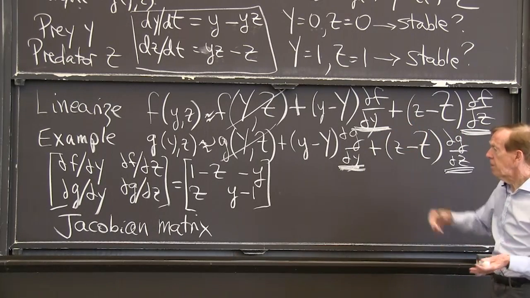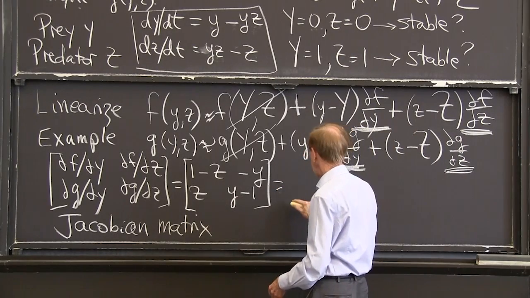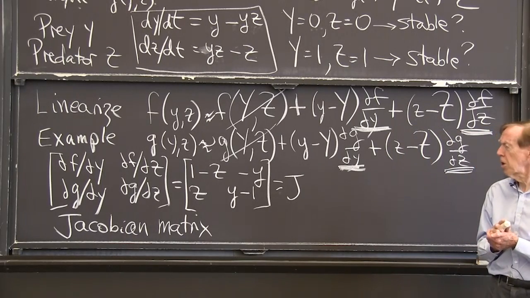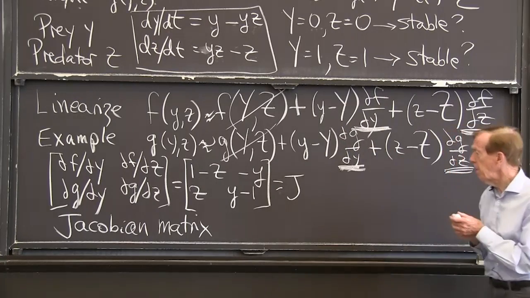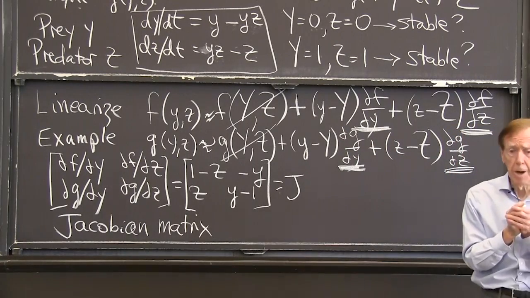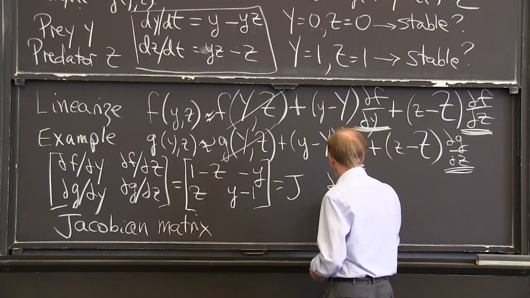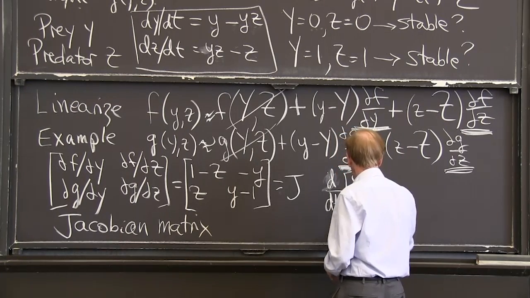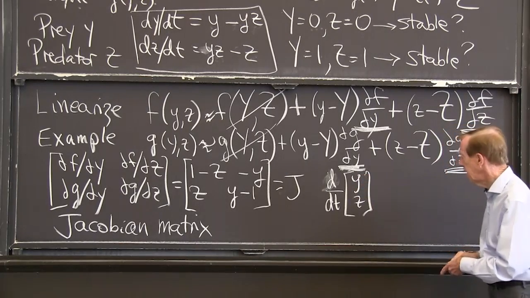And really, so the linearization, let me call that matrix J for Jacobian. Okay, that's the Jacobian matrix. So then what's my linearized equation? My linearized equation is the time derivative of y and z. So this left-hand side is just dy dt and dz dt.